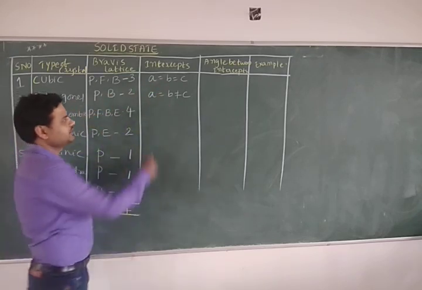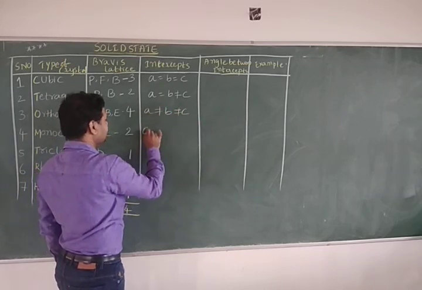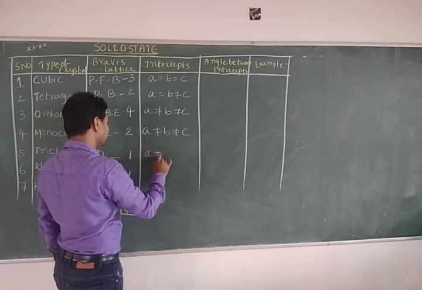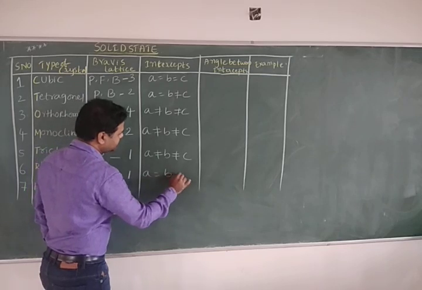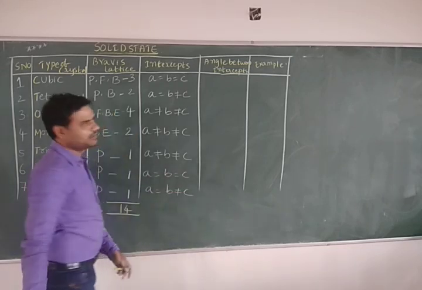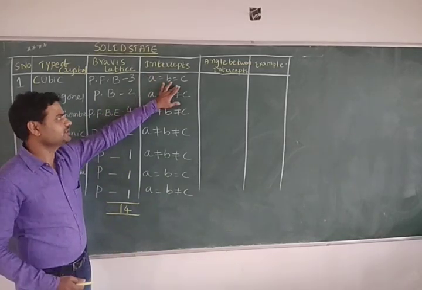And next we are taking A not equal to B not equal to C. Here also A not equal to B not equal to C. And here A equal to B equal to C. A equal to B not equal to C. Remember, these two are one type. A equal to B equal to C.